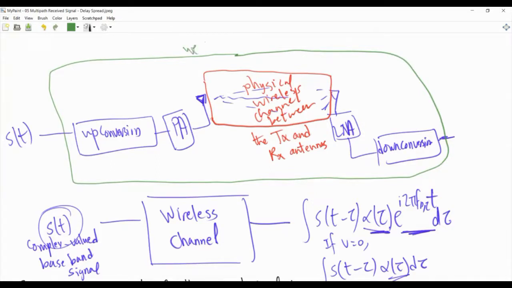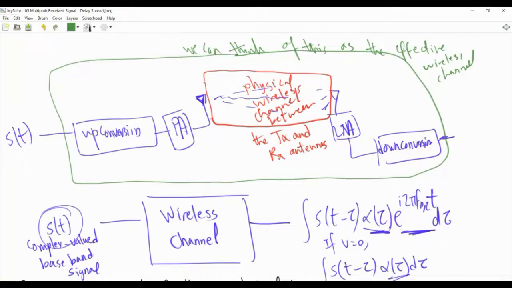Okay, so we can think of this as the effective wireless channel, and we assume that its input now is basically the baseband signal. Moral of the story, sometimes when I talk about the wireless channel, I include in the wireless channel the last stages of the transmitter, and basically the front end of the receiver.